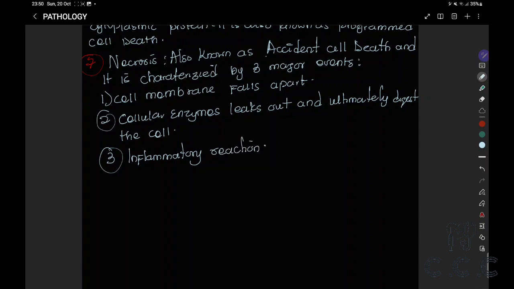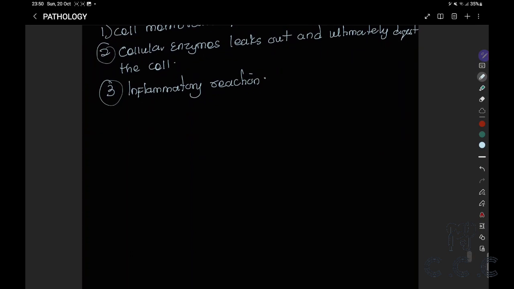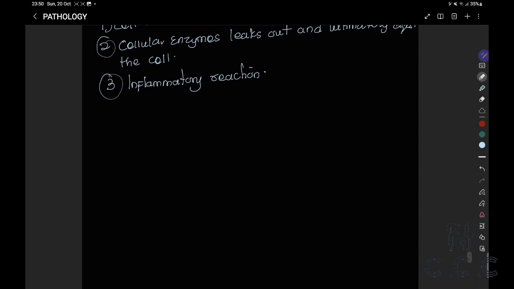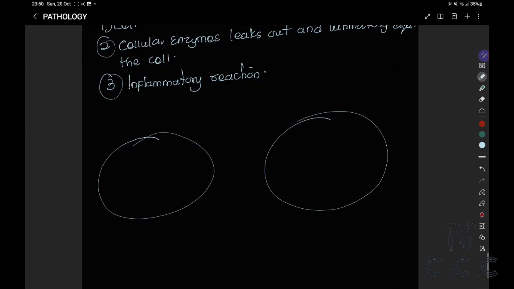Okay, so although we will get to understand the real concept of necrosis and apoptosis in later explanations, I just want to give us a mental framework of what is happening during apoptosis and necrosis. This is cell A, this is cell B, right?